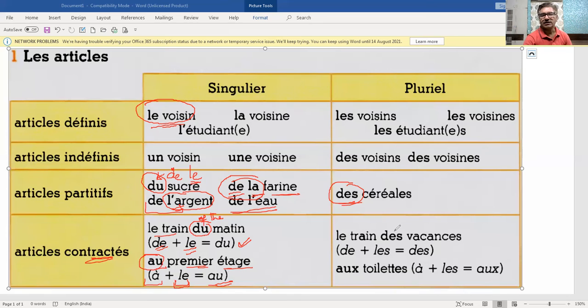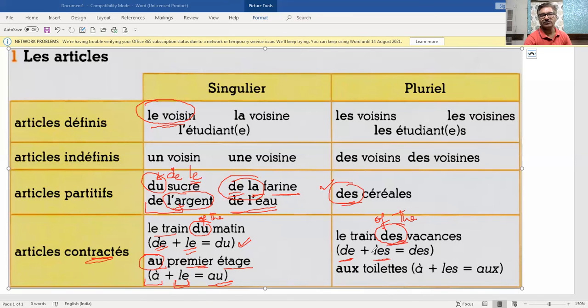Le train des vacances. In plural also, de means of, les means the. It is of the. Again, two words, de and les. Les for plural, the. English the with plural nouns is les, and de combined with les becomes des. So this des and this des, the earlier called des, were different from this des.